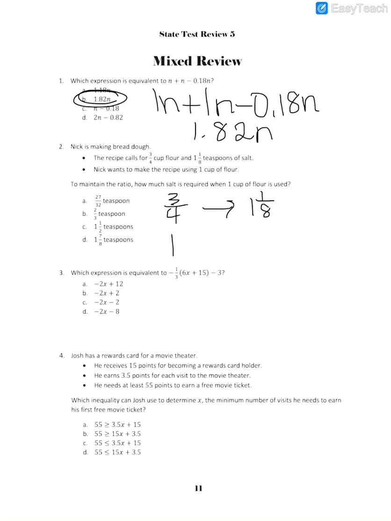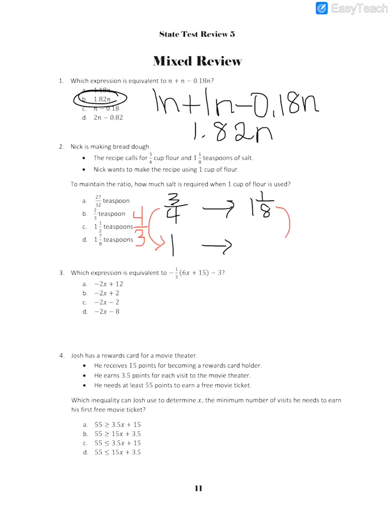Okay, so on this one, I need to see what I would multiply by to turn this 3/4 into a 1. And hopefully you remember a little thing called the multiplicative inverse. What that does is when I multiply it, I get 1. So if I multiply 3/4 by 4/3, the reciprocal, that would give me 1 cup of flour.